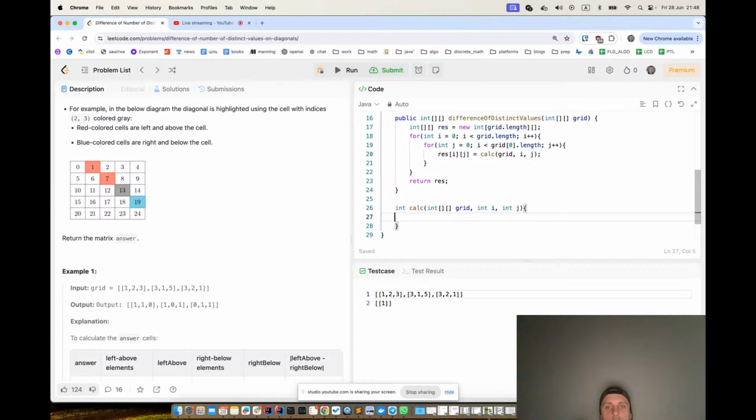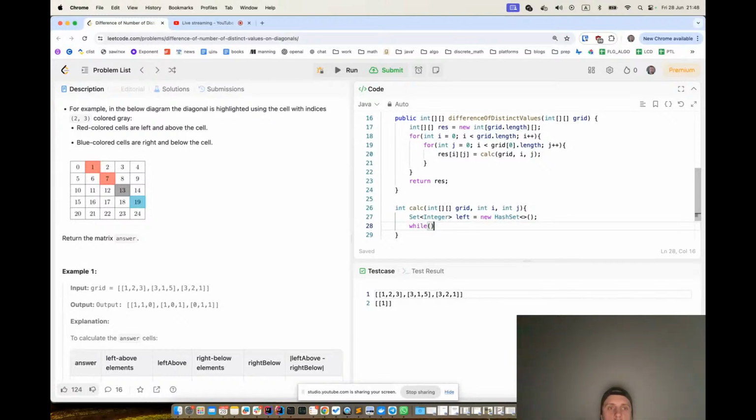First, it will collect in a set of integers, left. Yeah, and here it would go while, yeah, it will go above.